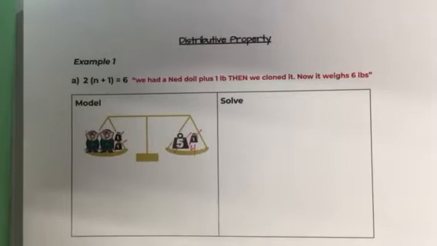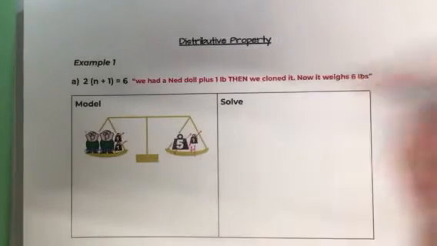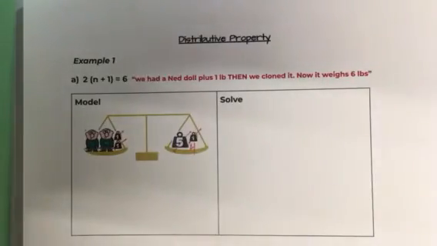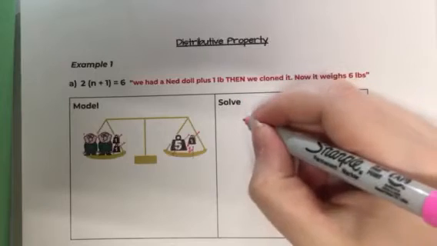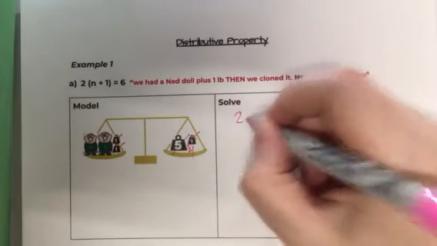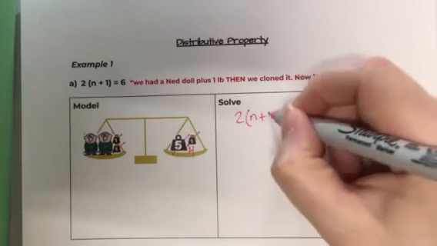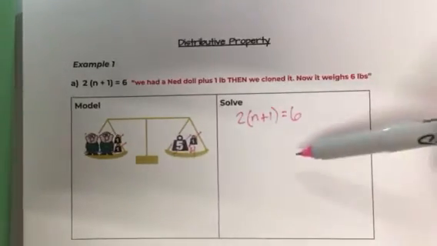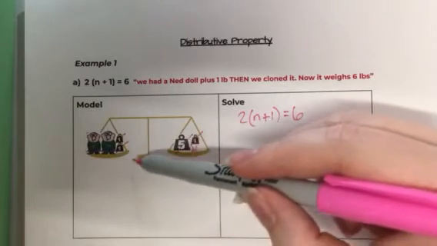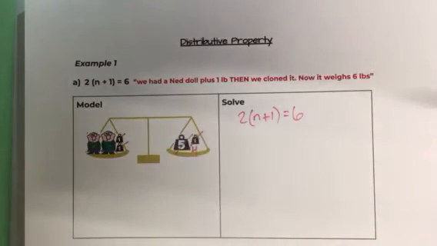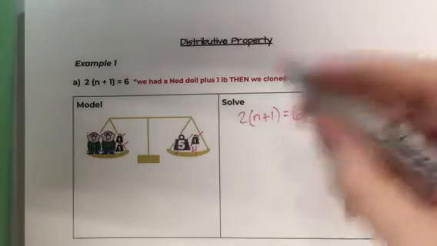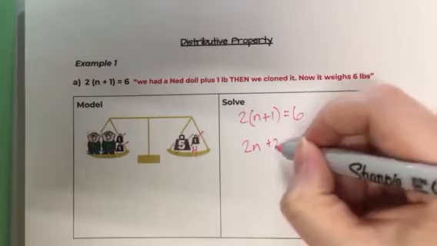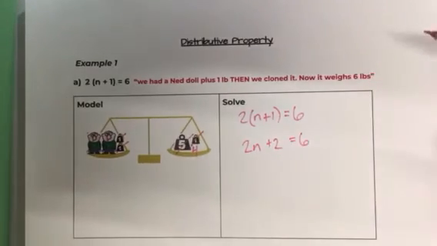Now I'm going to end up drawing this, which I think is going to be comical. We started with 2n plus 1 equals 6. When we actually modeled it, what was on this side would look a lot like when you were solving your two-step equations. You have 2 Neds plus 2 pounds, and that was equal to 6.